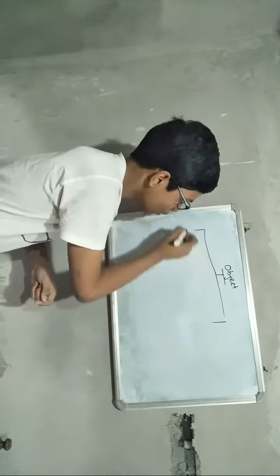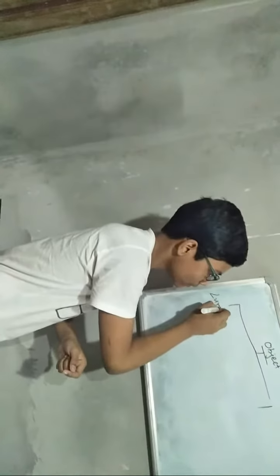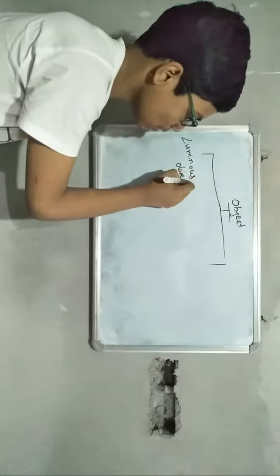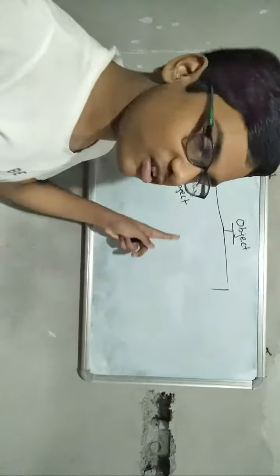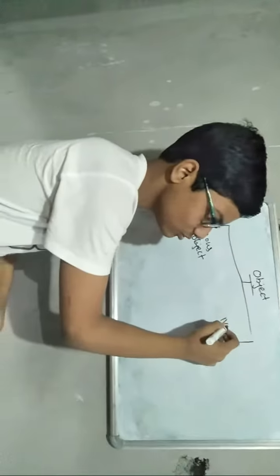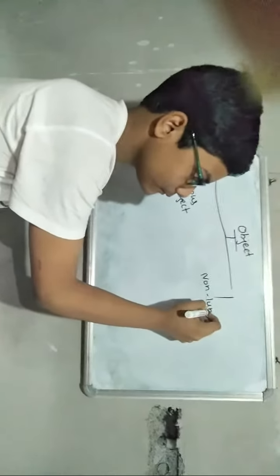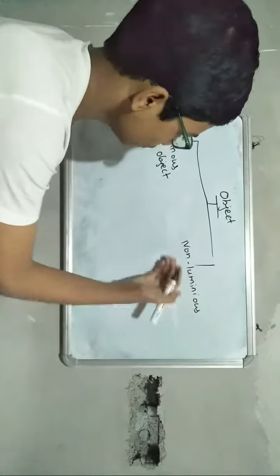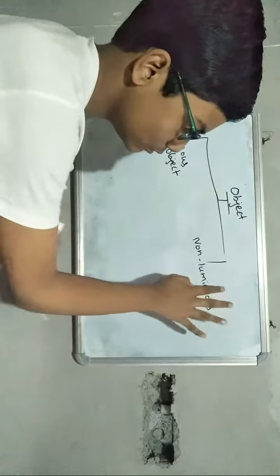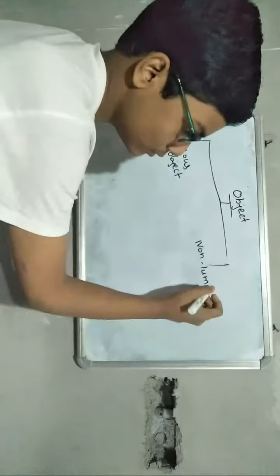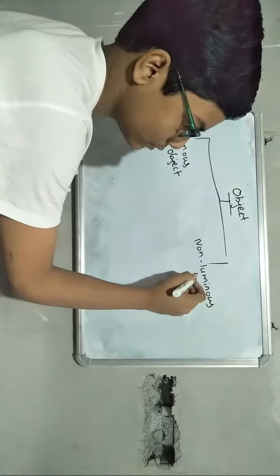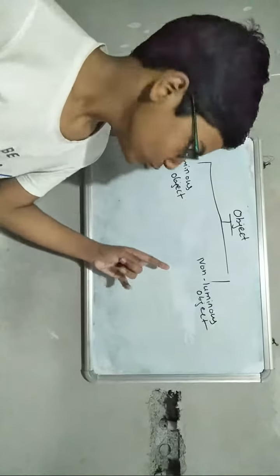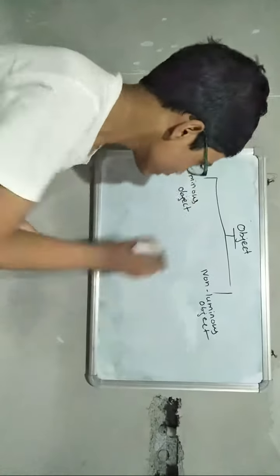One is luminous object and another one is non-luminous object. So at first, what is a luminous object?